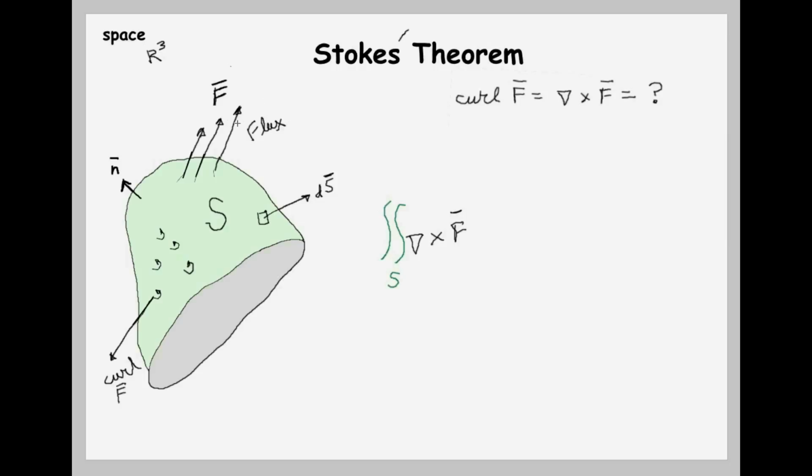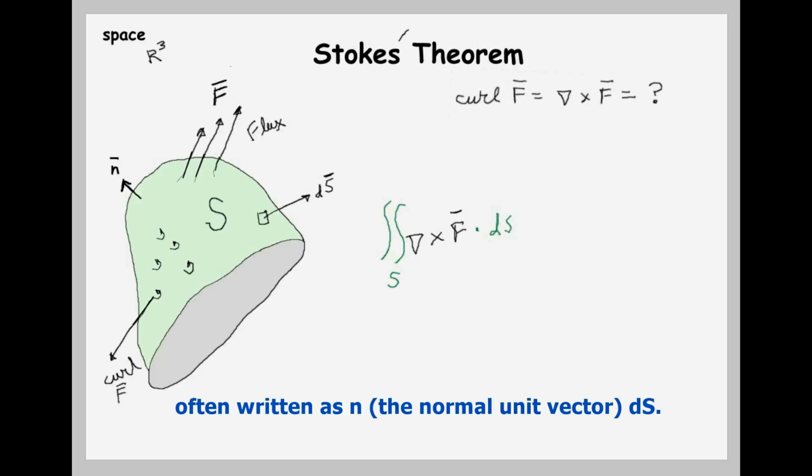And because we're working with a vector field here, F, this double integral is often called a flux integral. Now this is a vector here, so we need to dot it with the element of integration, and that's simply going to be dS. So now we have the integral of the derivative.